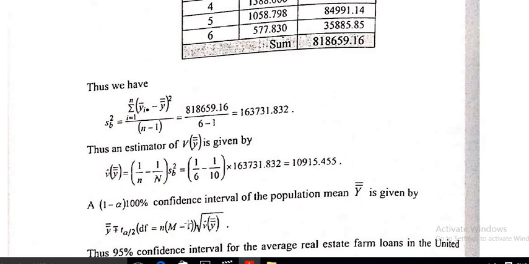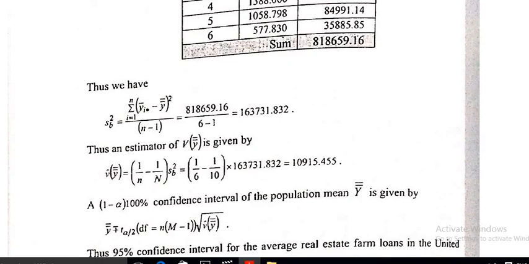Now the confidence interval of the population mean y double bar is given as y double bar plus minus t alpha by 2, where the degrees of freedom is n into m minus 1, times the square root of V hat of y double bar.